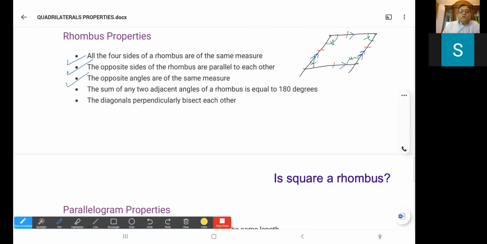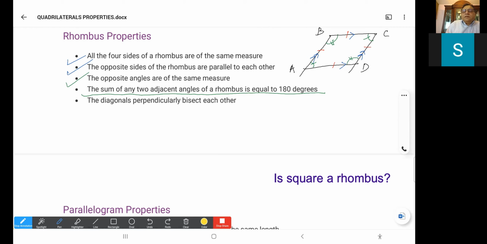The sum of any 2 adjacent angles of a rhombus is 180. Very important property. Do you understand this property? What does it mean? So let me label this as ABCD. It becomes easier. First we learned opposite angles are of the same measure.